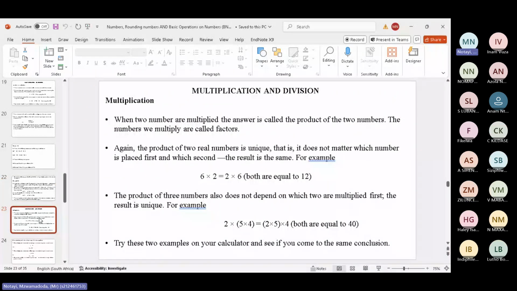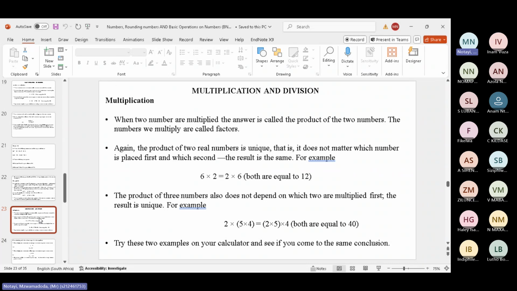Okay, let's look at multiplication and division. When two numbers are multiplied, the answer is called the product of the two numbers. The numbers we are multiplying are called factors. Again, the product of two real numbers is unique. That is, it does not matter which number is placed first and which second.